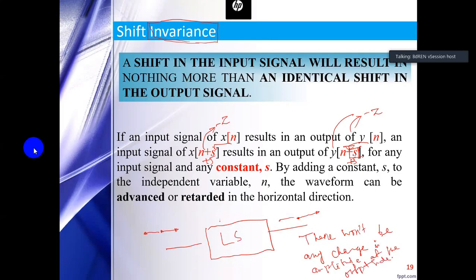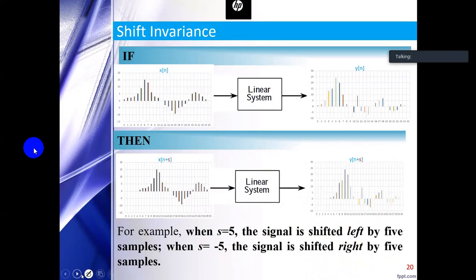Sometimes if it is asked, students only describe that right shifting produces right shifting and left shifting produces left shifting. But the important point is that due to this shifting, you won't observe any change in amplitude at the output side. So that's the full interpretation of shift invariance. In a similar example, you can see the input signal is shifted and the corresponding shifting occurs at the output.